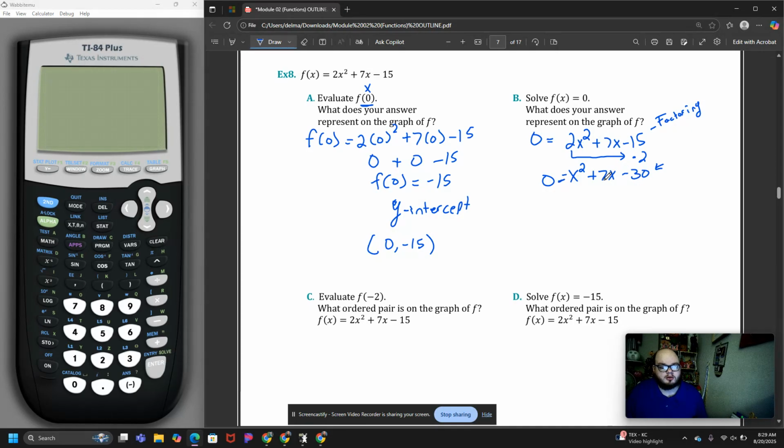So what'll multiply to get 30? We got what, 3 times 10, and that's what's going to work in the end, isn't it? A negative 3 and a positive 10, because 10 minus 3 is 7, and 10 times negative 3 is negative 30. So I have x plus 10, x minus 3.